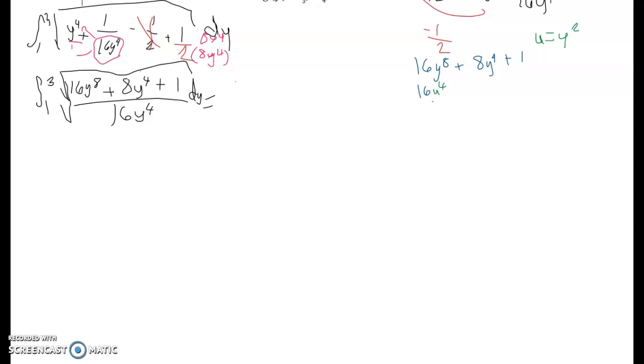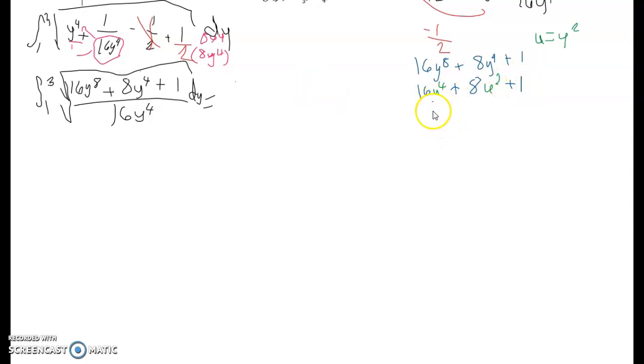My dog's being bad. Yeah, no, it's u to the fourth plus 8 u squared plus 1.